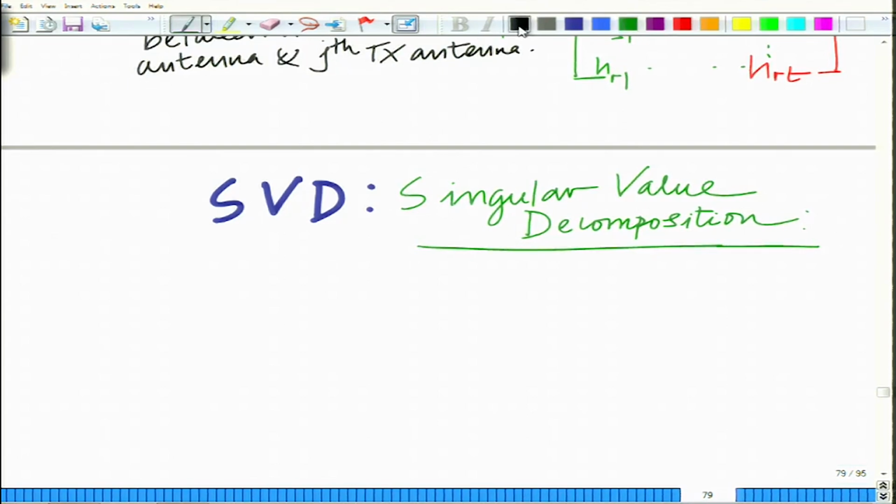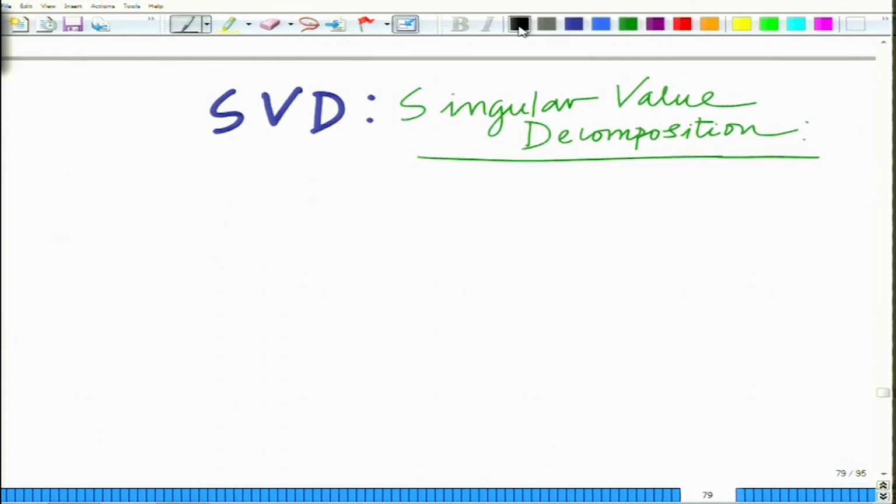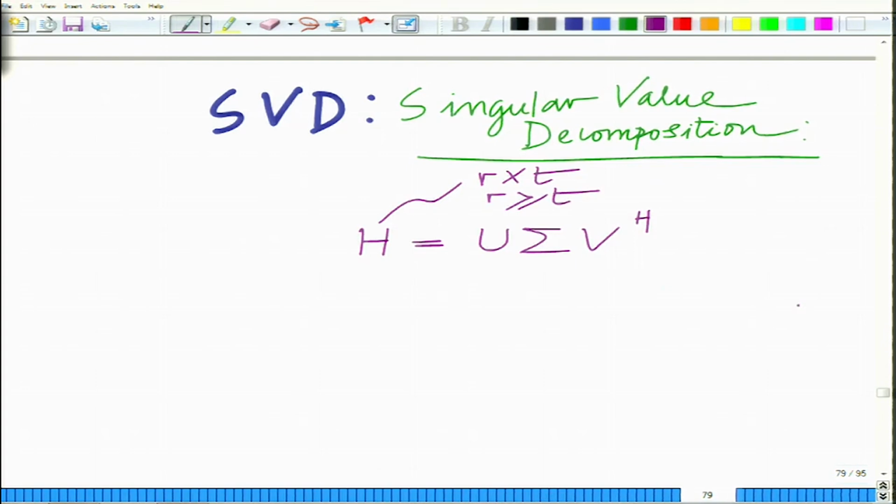Now, in a singular value decomposition, given this channel matrix H, you decompose it as the product of three matrices: U, sigma, V Hermitian. Consider, for the sake of simplicity, an R cross T matrix with R greater than or equal to T, although singular value decomposition itself is very general and can be applied to any channel matrix.